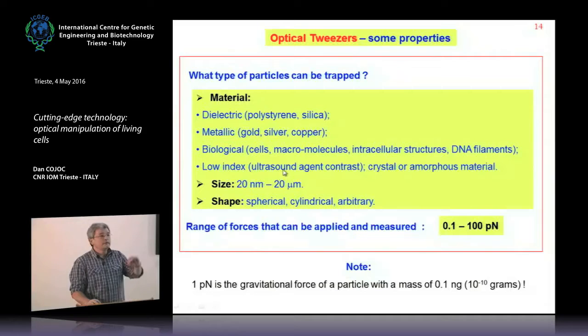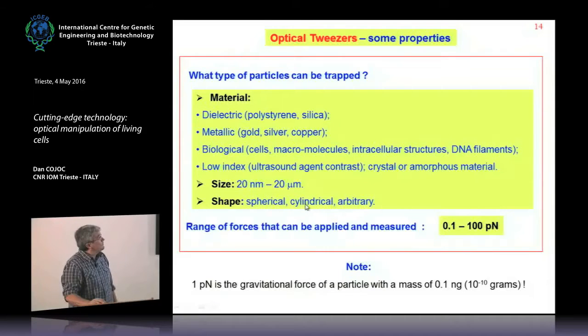By low index, we mean when the particle has a refractive index lower than the refractive index of the medium. For instance, the bubbles. The bubbles have gas inside, and they have a lipidic shell, and they are inserted in water. For instance, the ultrasound contrast agent bubbles used in echography are like this.